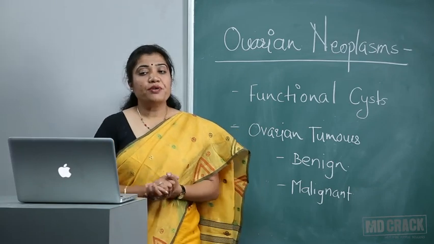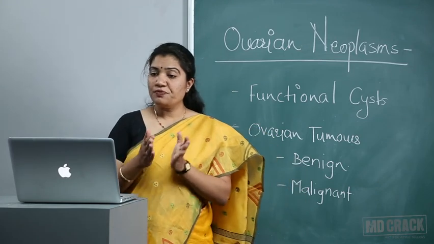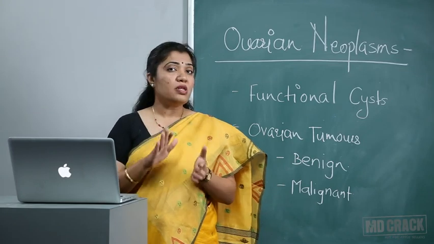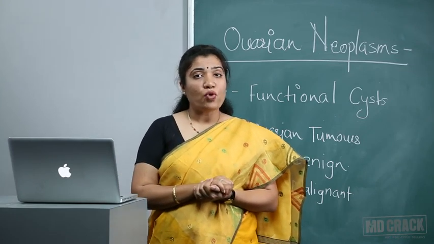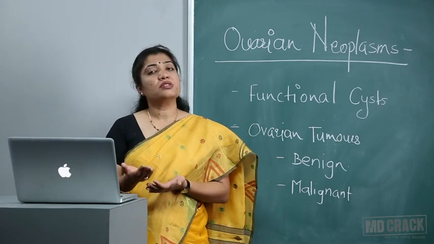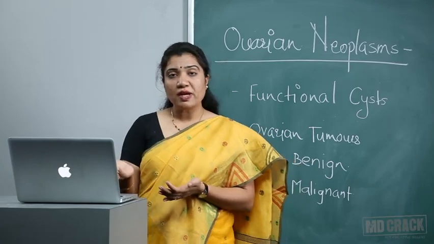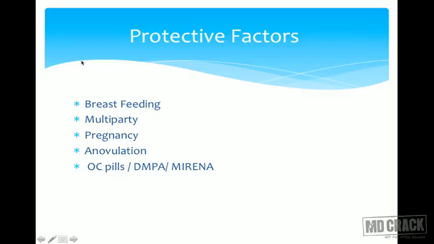There are certain protective factors as well for CA ovary. Again, these factors, if you think, are the ones which will suppress or avoid ovulation. If ovulation is less in number, the chances of having CA ovary are less in that particular woman. So what are those factors? Breastfeeding. If she is breastfeeding for a longer time, she has decreased risk.